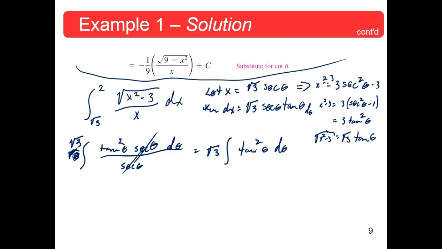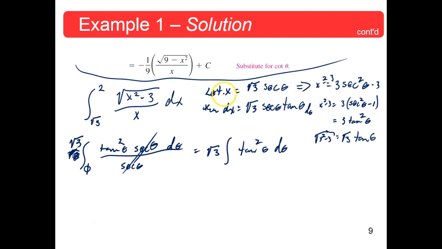Okay. I think it will work, but that's the same as 0, isn't it? Because secant is 1 over cosine. Cosine is 1 at 0, so 2 pi is correct too, but let's just keep it close to the origin, so 0. Theta will be 0 when x equals root 3.